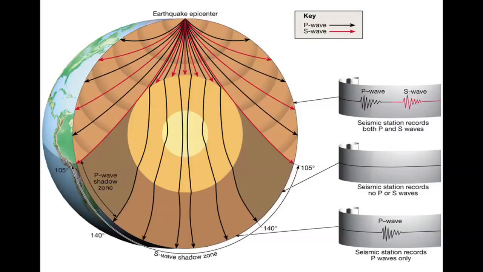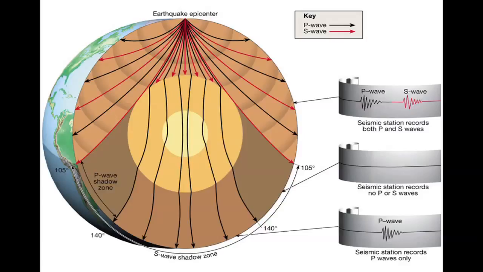You can see the wave actually bends as it travels through the liquid core. When the black lines are going through the outer core, they bend, and then as it goes through the inner core, it also bends again. And then as it leaves, it bends again. And that's because it's changing mediums.